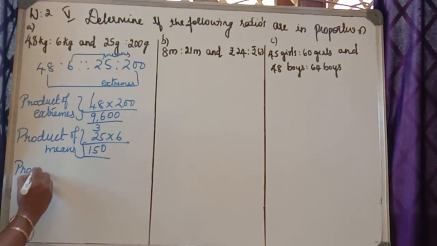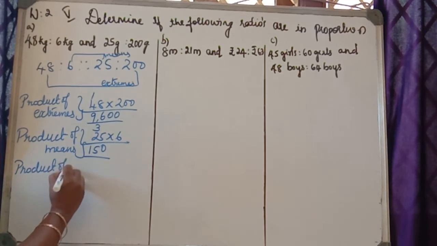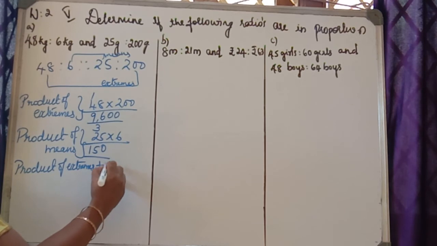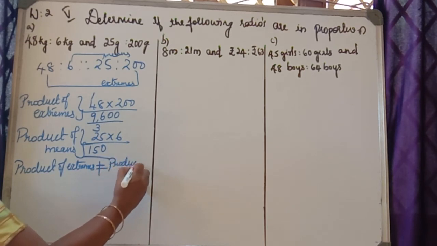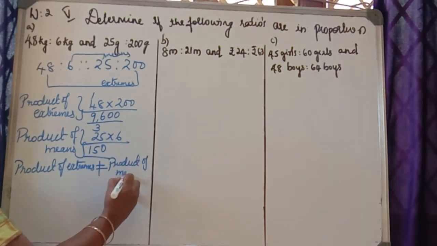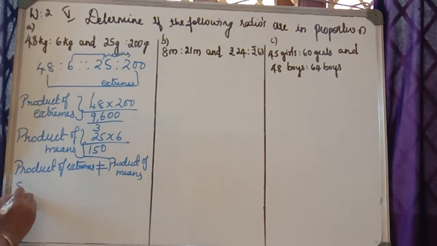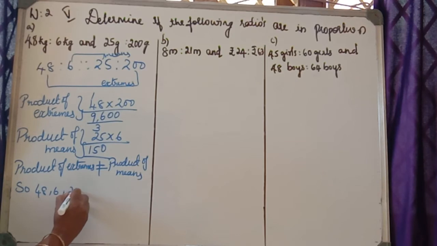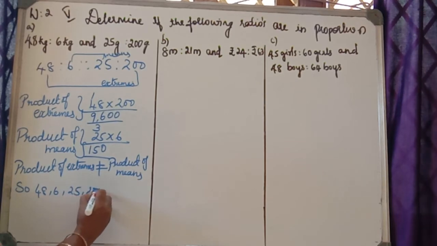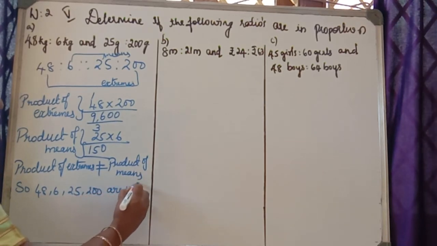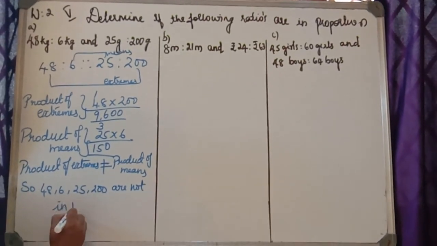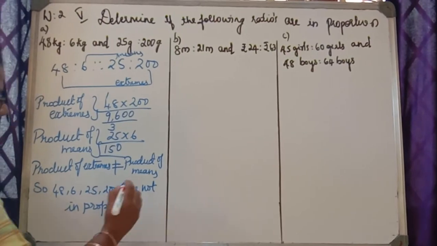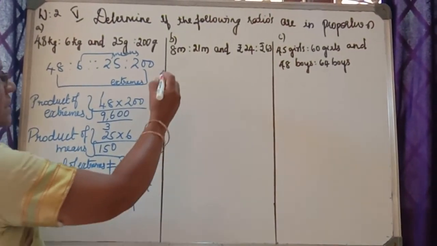So the product of extremes is not equal to the product of means. So 48, 6, 25, 200 are not in proportion. Now we will move to the B sum.